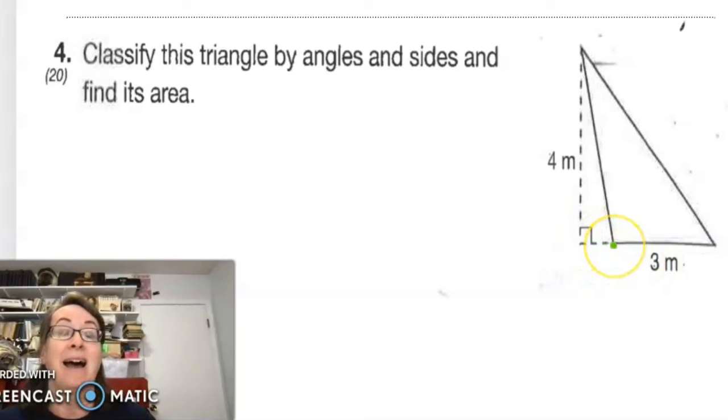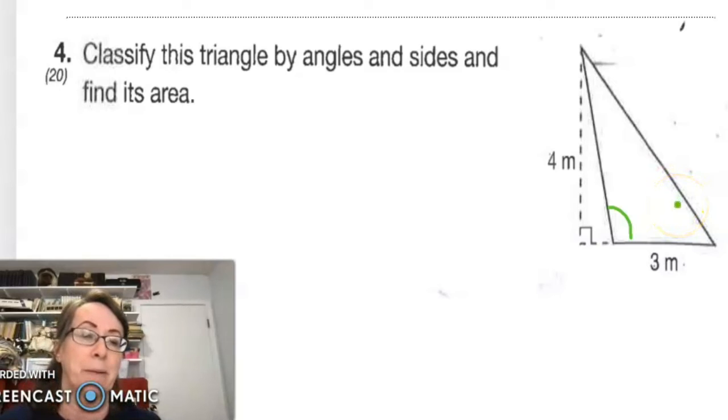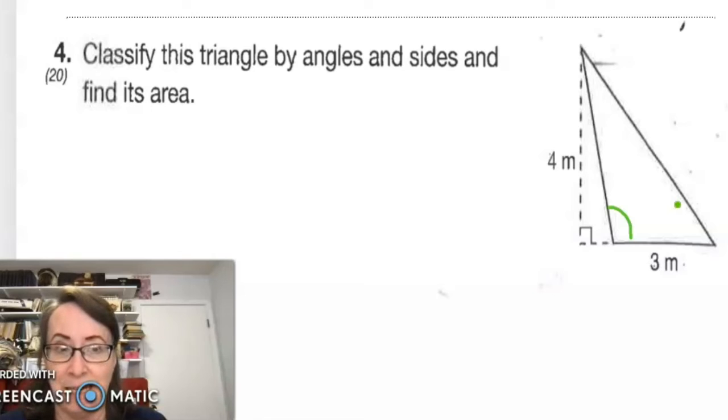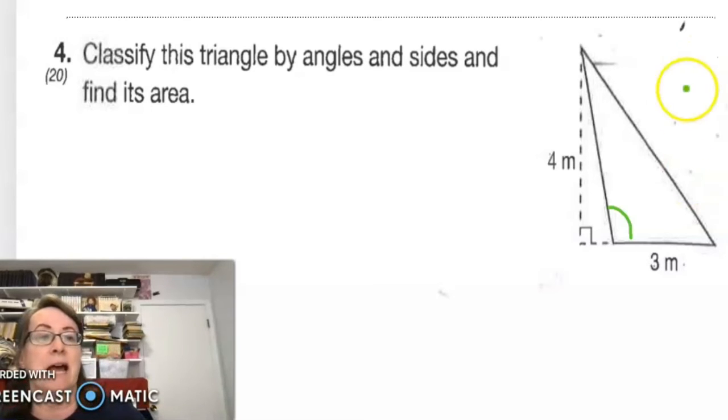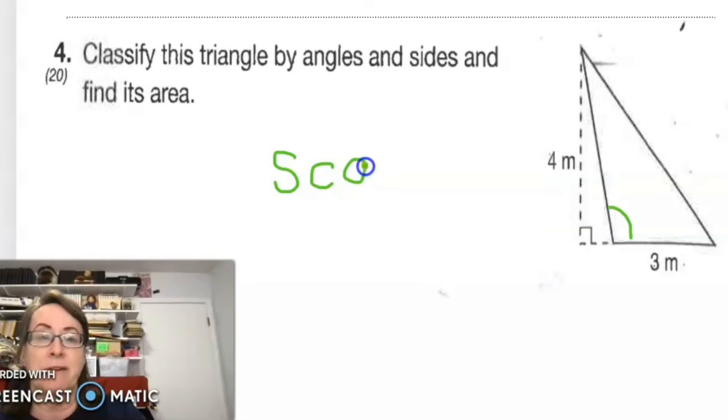It is obtuse, which means that this one is even bigger. Because the angle is increasing, the side is increasing by proportion. So this one is scaling because that third side is going to be bigger than either one of the 2 sides that it had. So it's going to be bigger than 3, and bigger than 4. So we're going to say this is a scalene. That is classifying it by its sides.